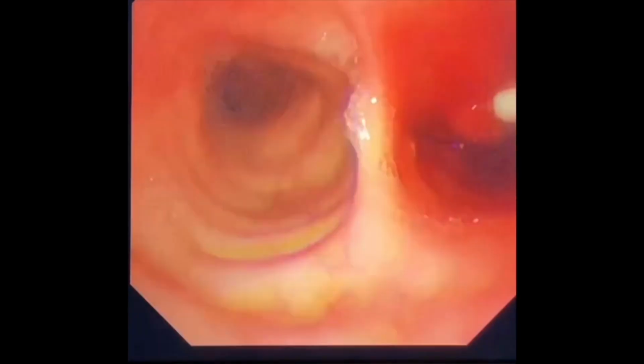We have taken some measurements for a suitable self-expanding metal stent, which we place using a direct vision method. Here you can see a wire being passed through the working channel of the bronchoscope, which we aim to pass into the distal airways.